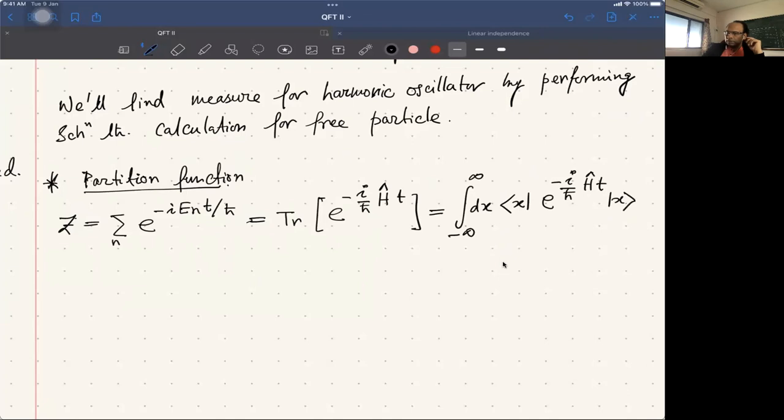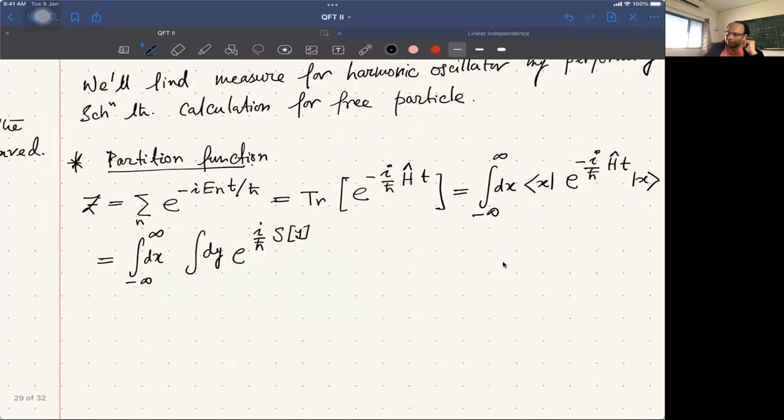And then you can use the path integral for the matrix element, which is given by integral dy e to the power i by h bar S of y, with the boundary condition that y i is equal to y f is equal to x, because both of them have the same value.